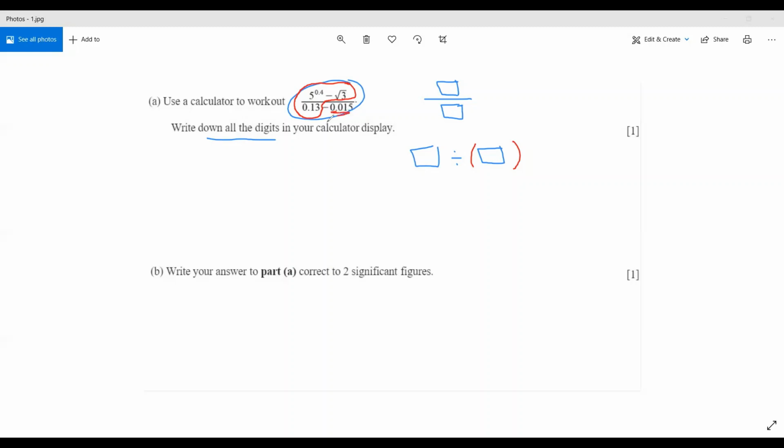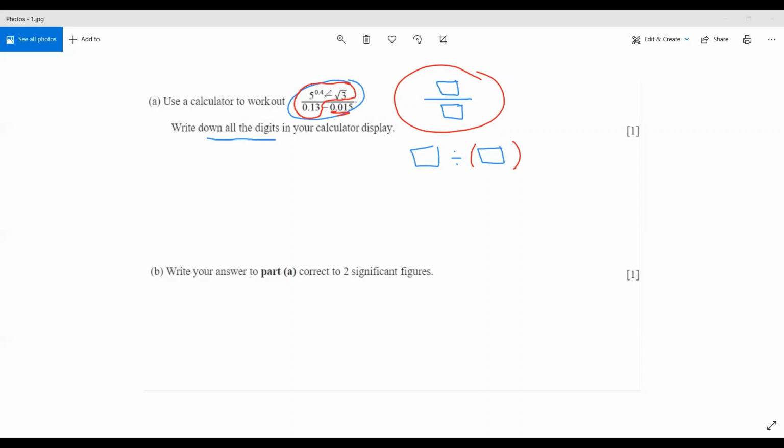That's what's going to happen if you don't put the bracket. So make sure you put the bracket. However, if you're using one of those calculators which gives you this option, you don't have to worry about that. And the rest I think is very clear.